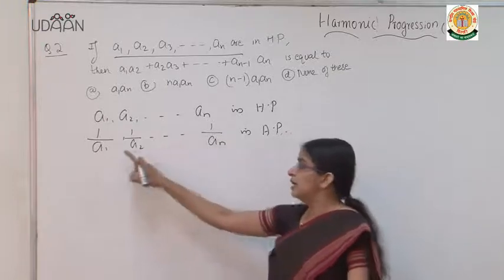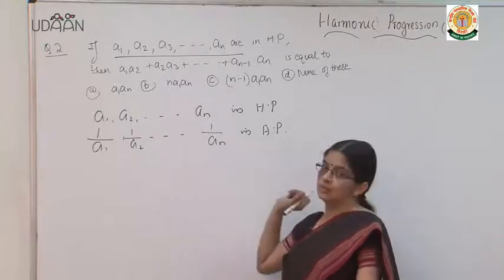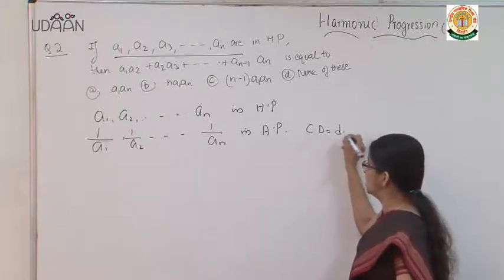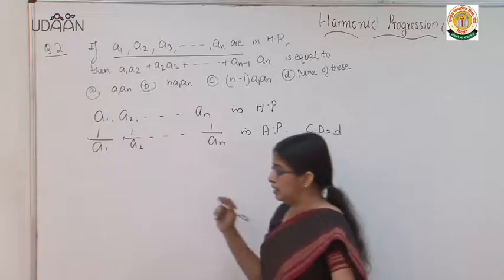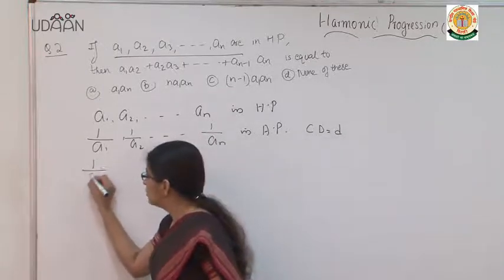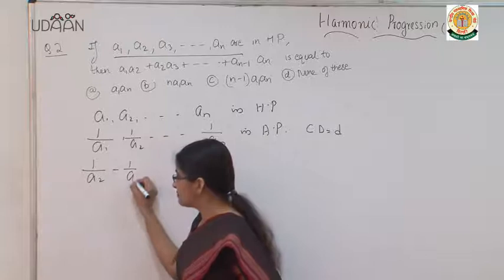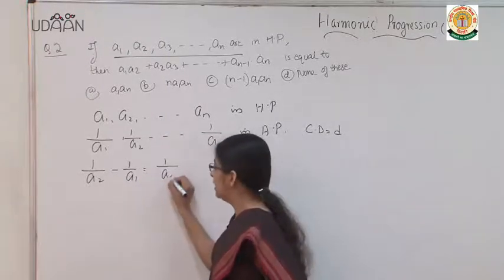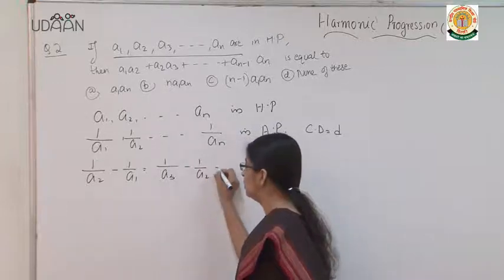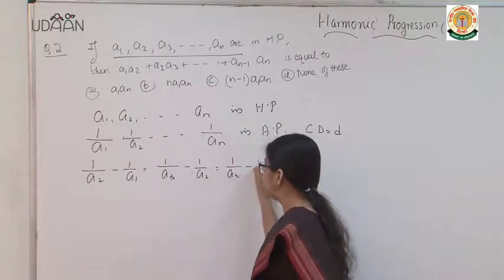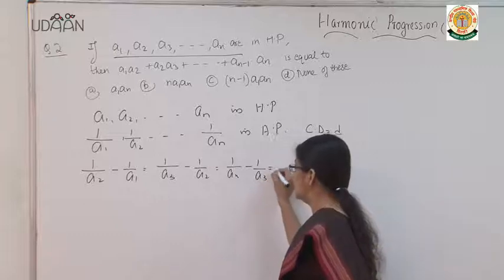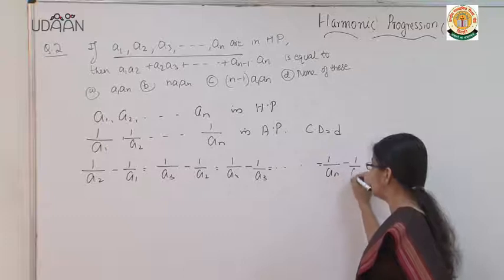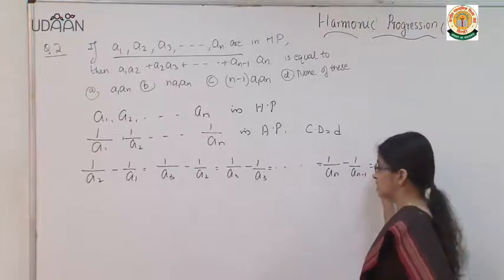Suppose that the common difference of this arithmetic progression be D. Then what do we get? 1 by A2 minus 1 by A1, this is D, equal to 1 by A3 minus 1 by A2, equal to 1 by A4 minus 1 by A3, equal to etc. 1 by An minus 1 by An minus 1 equals D.